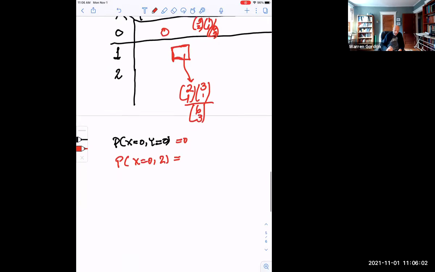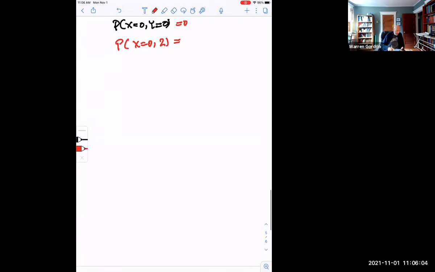So if I do the computations, let me just give them to you here. Let me make some observations. Are there any questions about any of these numbers? X can take on the values 0, 1, and 2. Y can take on the values 0, 1, 2, 3.